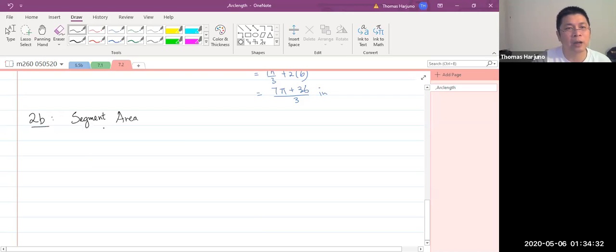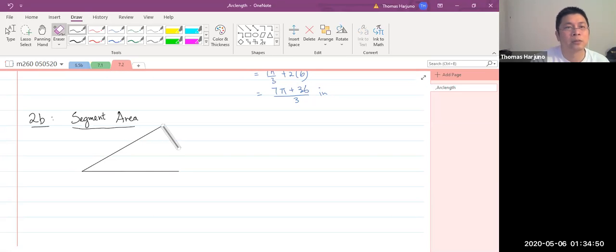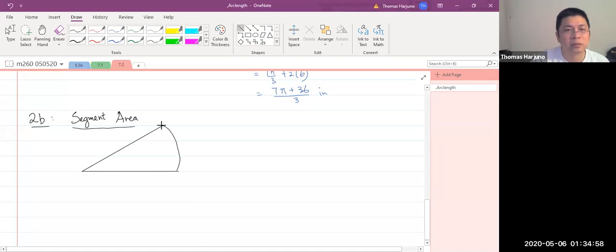Now segment area, a segment is the pizza. Segment is a pizza. A pizza minus the triangle. So let's say this is the pizza and this is the triangle. Okay.